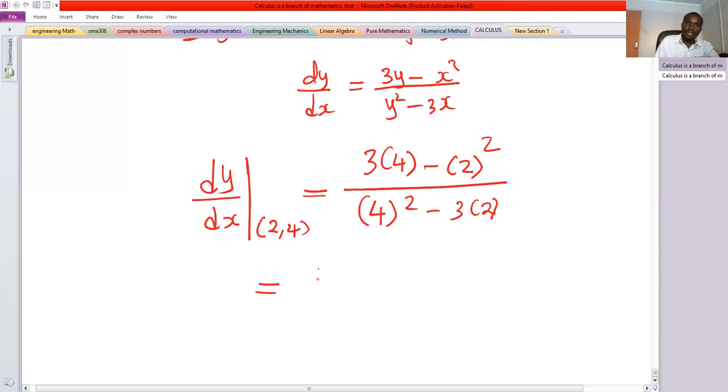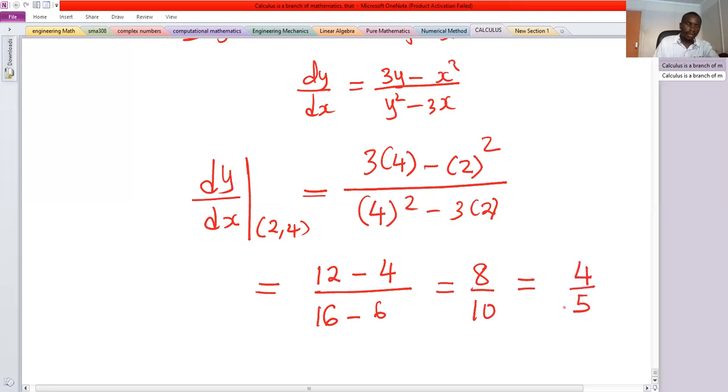That will give us 12 minus 4 divided by 16 minus 6, which is 8 over 10, and this is 4 over 5.